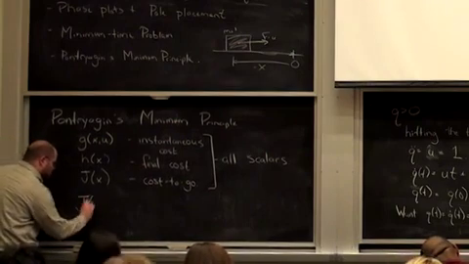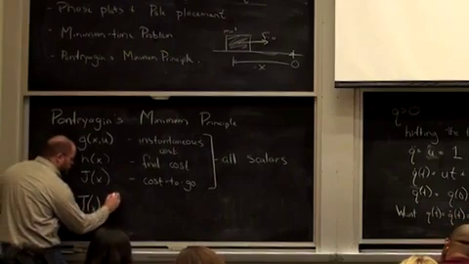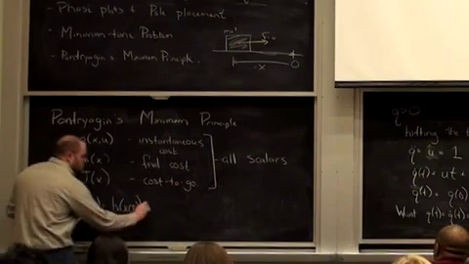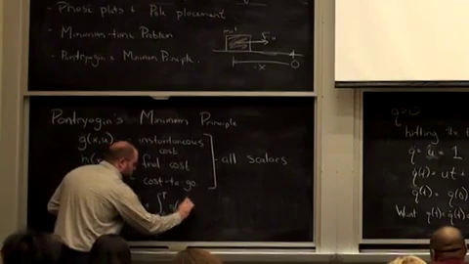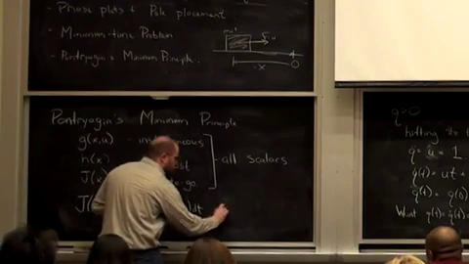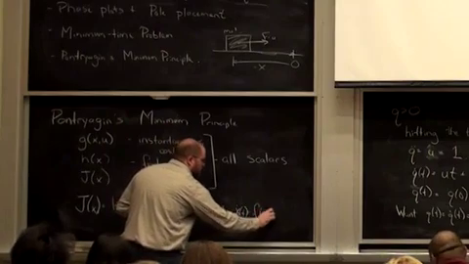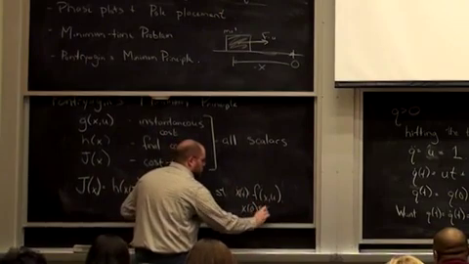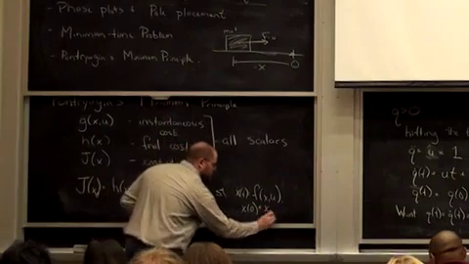So a typical optimal control problem will be formulated as something like h of x capital T plus integral from 0 to capital T of g of x, u dt, subject to x dot of t is f of x, u, let's say the dynamics, and x of 0 is some x naught.